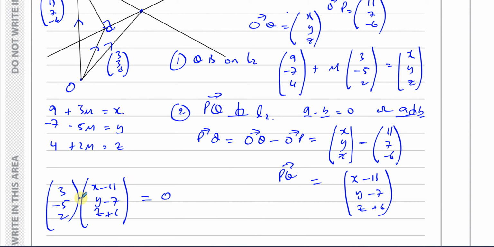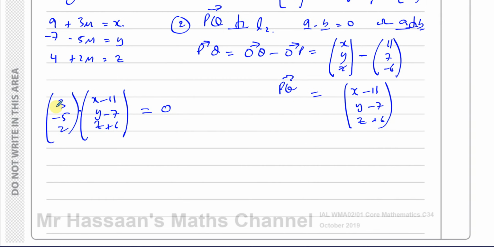The dot product of these two is equal to 0. Now, how do you find the dot product? It's very simple. You multiply the i components together, so 3 times (x minus 11), plus the j components together, so minus 5 times (y minus 7), and then plus 2 times (z plus 6), and all of that equals 0.